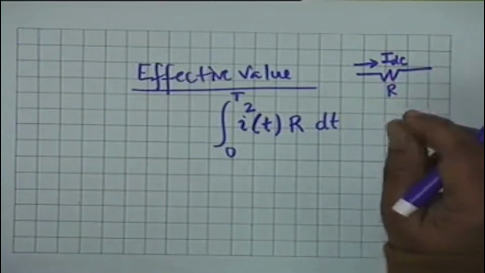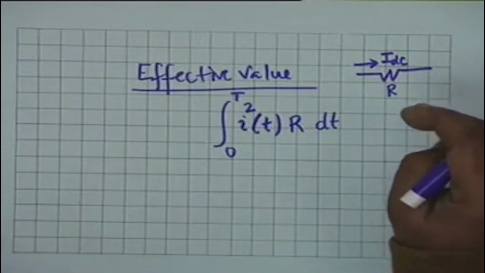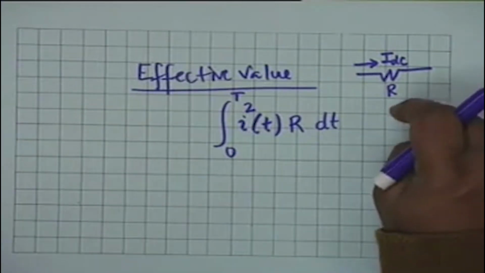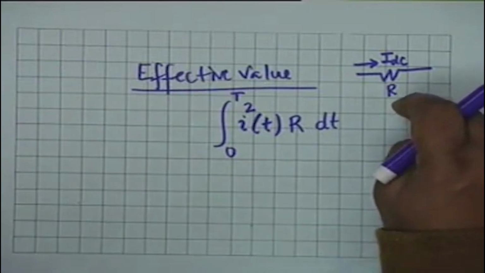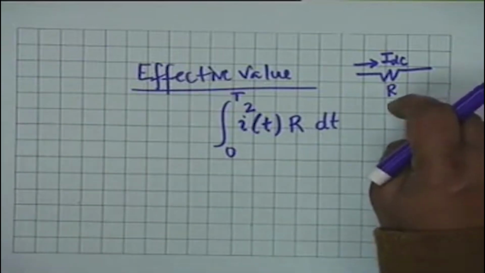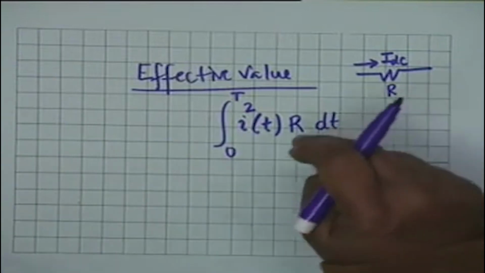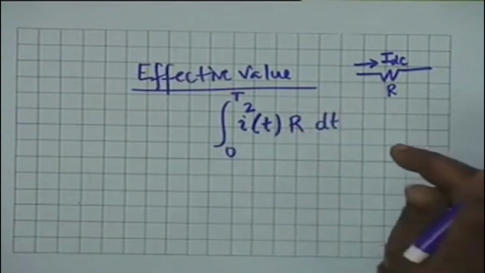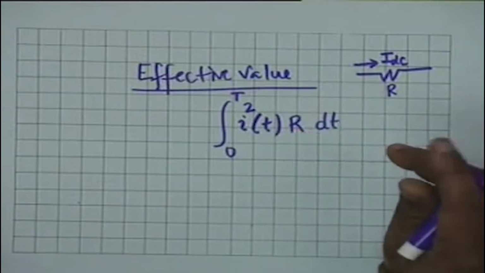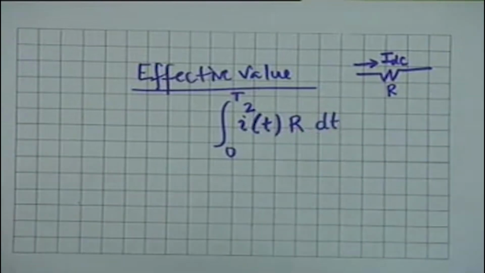So, effective value is that direct current which, passing through a given resistor, produces the same energy dissipation as the periodic wave in one time period. All right, has it become too complicated?